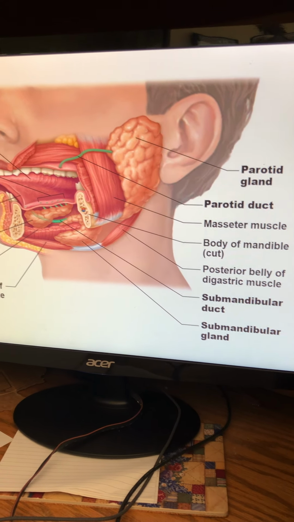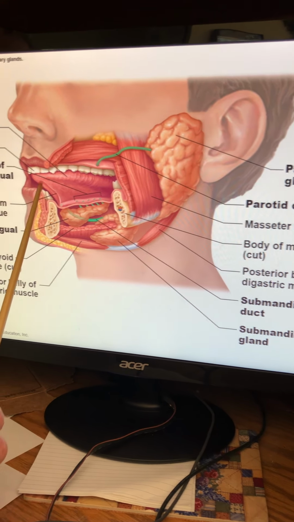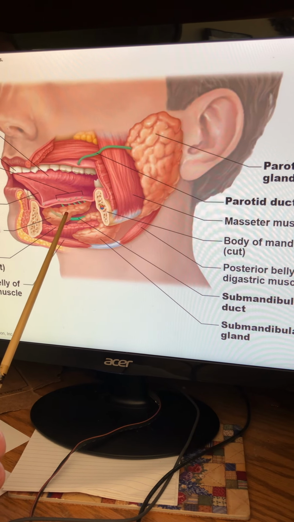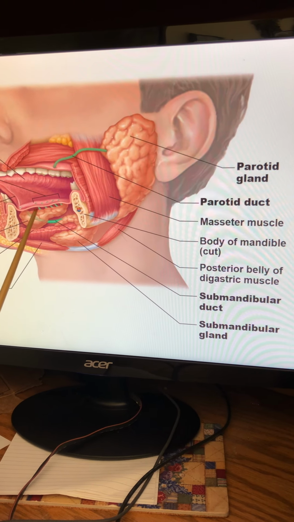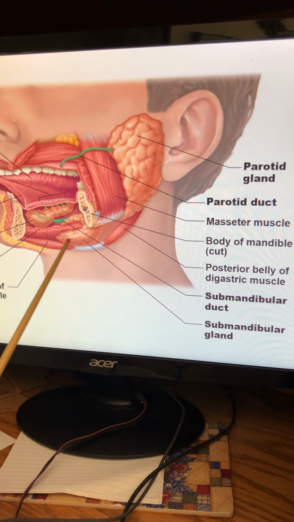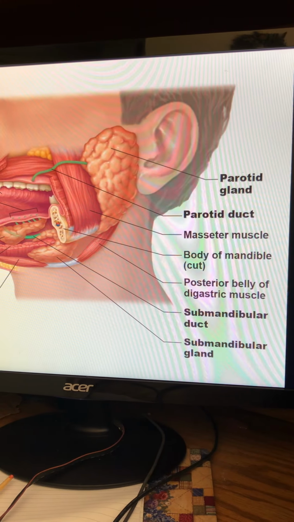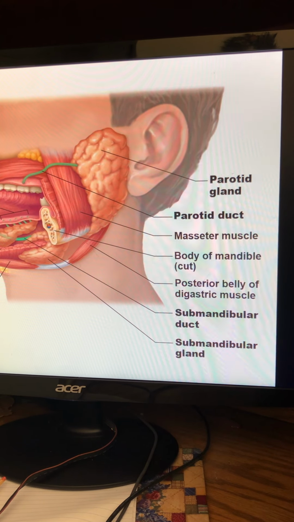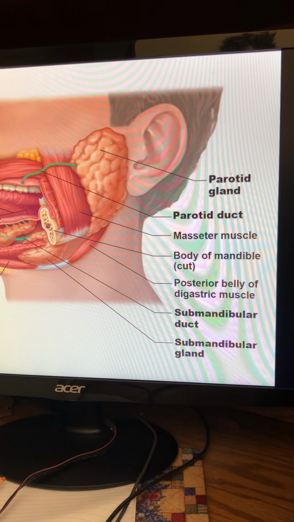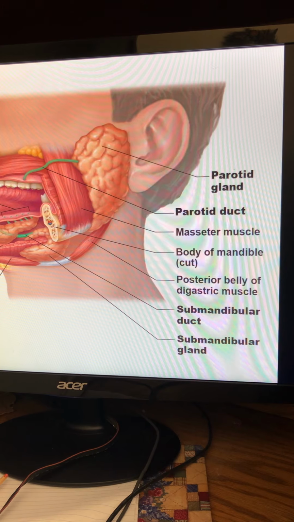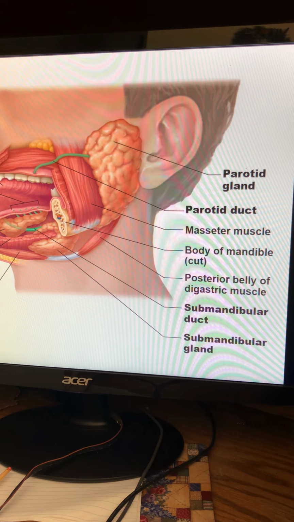Then there's going to be two under your tongue. So here is your tongue. Underneath your tongue is the sublingual gland. And so this one and one that's below it, which is going to be in your mandible, which is called the submandibular gland, are going to be activated when you put food in your mouth, because creation of saliva is through pressoreceptors.